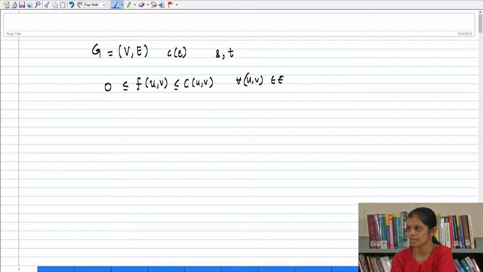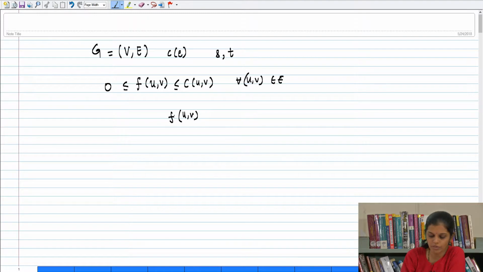This is what we have. We defined a residual network. Can you elaborate how we came up with the residual network? If you had an edge (u,v) and you sent a flow f(u,v) on that edge, then you defined the residual capacity of that edge as c_f(u,v) equal to c(u,v), the original capacity, minus f(u,v). This was the residual capacity of that edge.